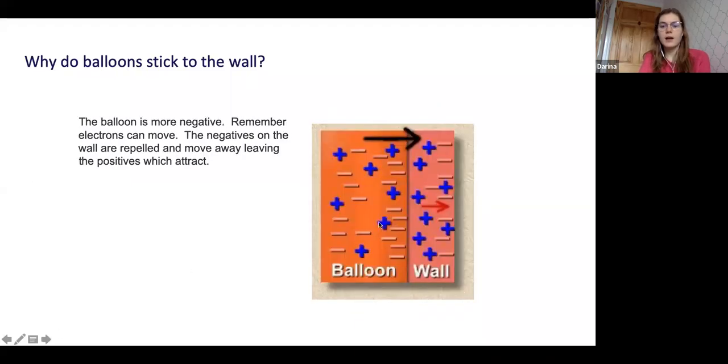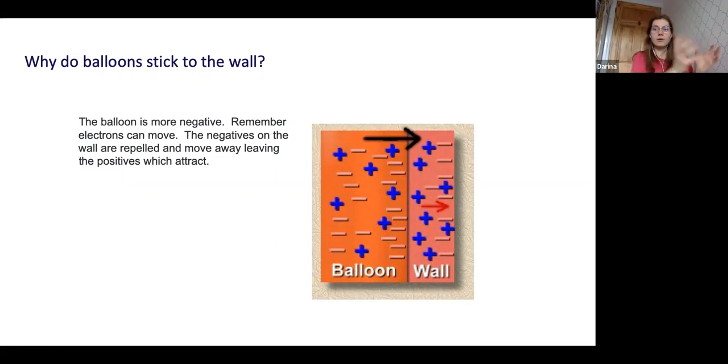Okay. So what's actually happening when it sticks to the wall? Remember that electrons can exert forces of repulsion and attraction. When the balloon moves to the wall, the negative charges, i.e. the electrons in the wall, are repelled by that concentration of negative charge in the balloon.